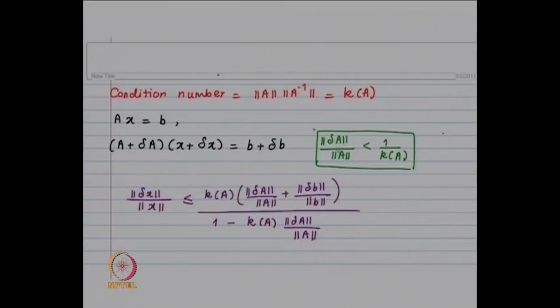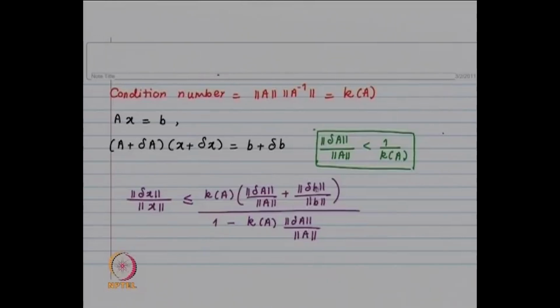The assumption will be norm delta A by norm A is less than 1 upon condition number of A. In this case, the relative error norm delta x by norm x is less than or equal to condition number of A multiplied by relative error in the coefficient matrix plus relative error in the right hand side, divided by 1 minus condition number of A norm delta A by norm A. So, if delta A is equal to 0, that means only perturbation in the right hand side, then you will have condition number of A norm delta b by norm b and denominator will be 1. So, we get back our earlier result.